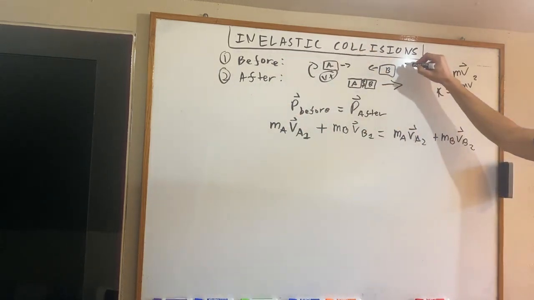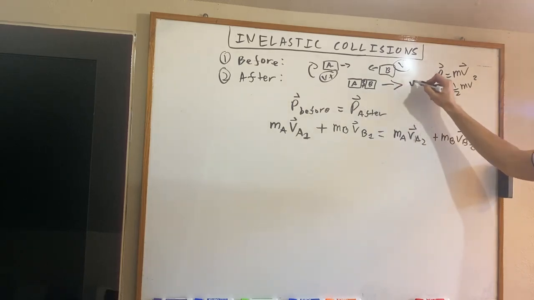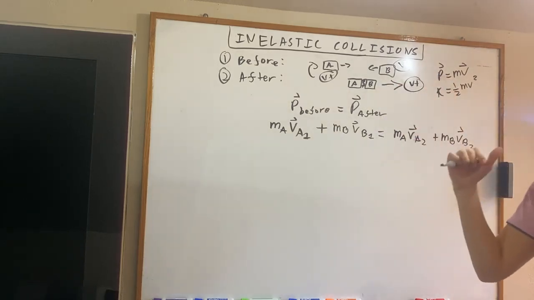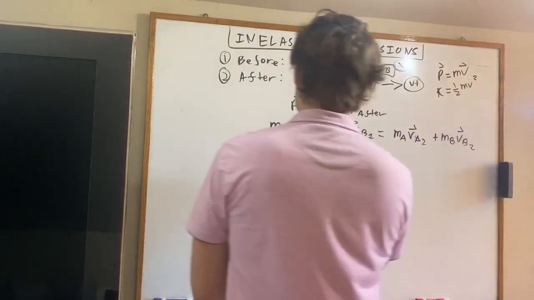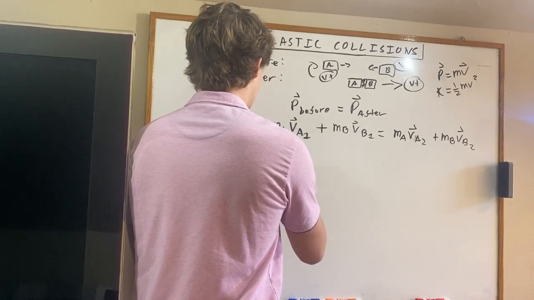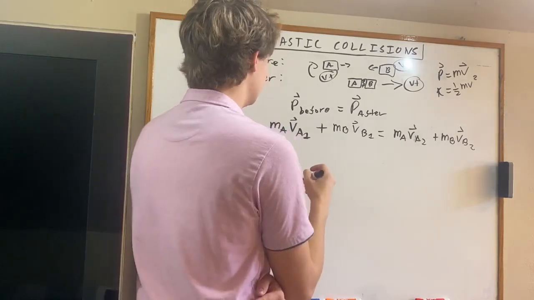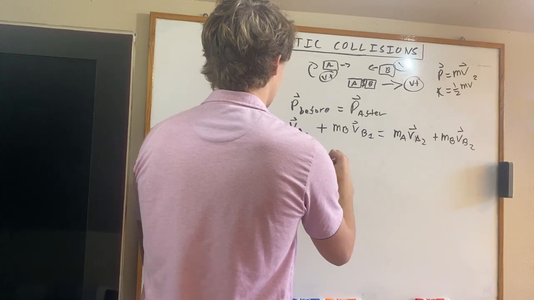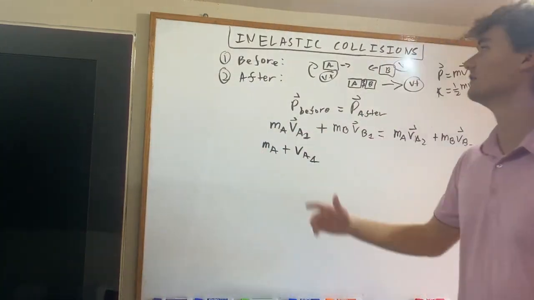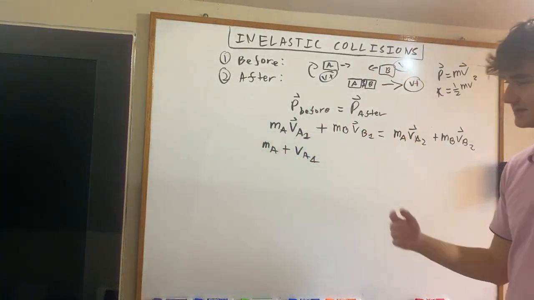This velocity is going to be negative, and then this velocity is going to be positive, because I'm taking right to be positive and left to be negative. So P before is going to be MA VA1, because that's moving right, so V just becomes positive.